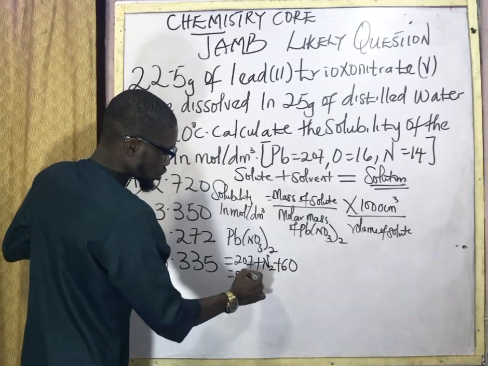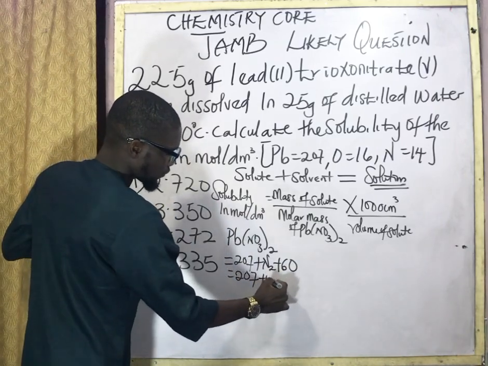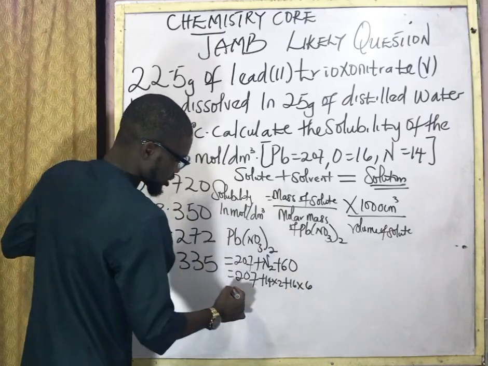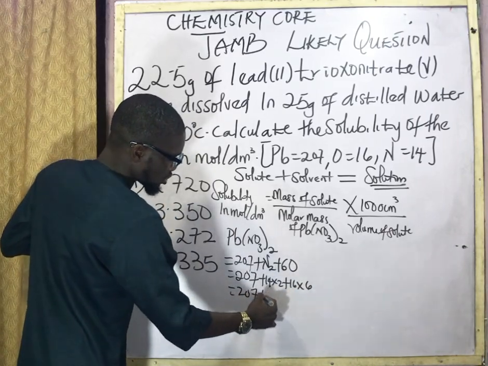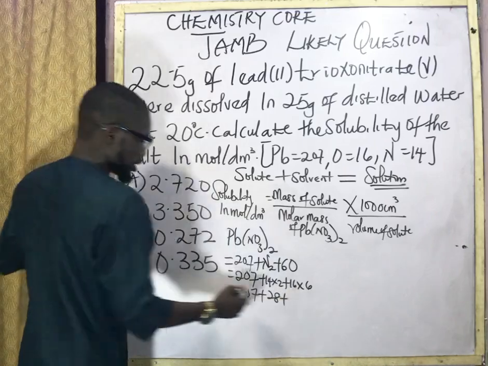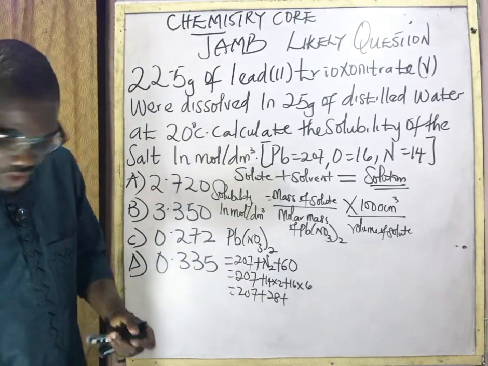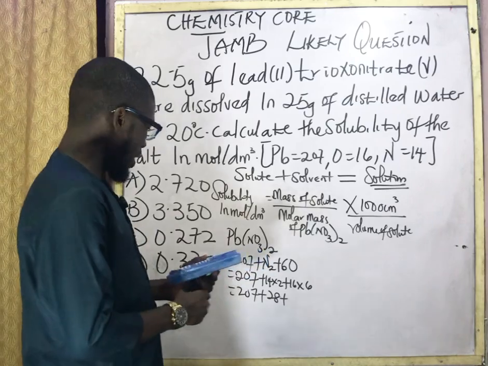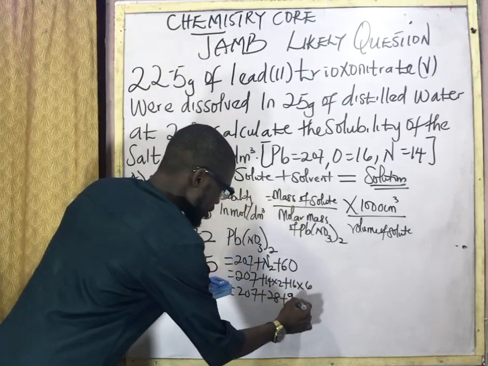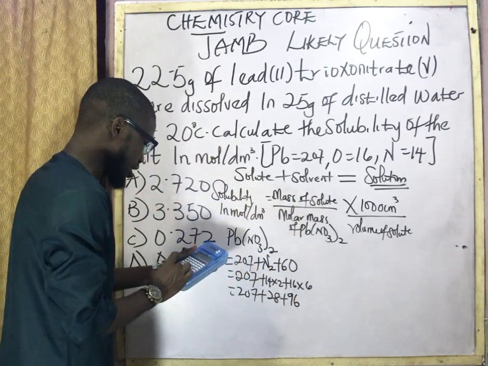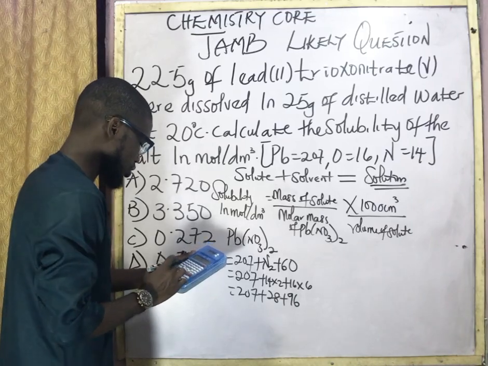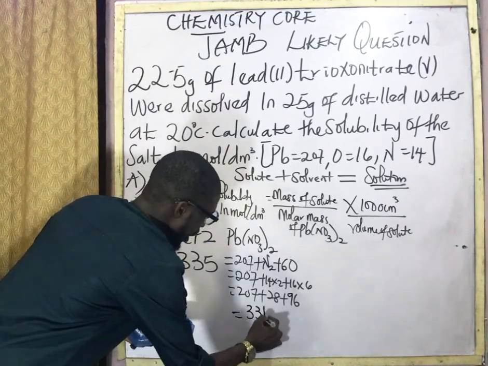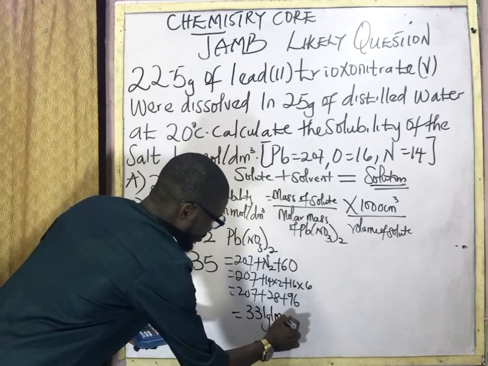And said 207 plus 14 times 2 plus 16 times 6. And we have 207 plus 28. 16 times 6, we have 96 plus 28 plus 207. We have 331 gram per mole.